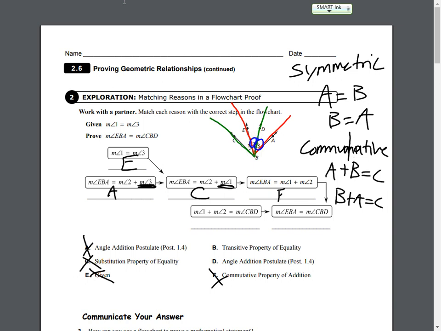And we said measure of angle 1 plus measure of angle 2, that again is the angle addition postulate. And then if we went from this step to this step, we said EBA equals 1 plus 2. 1 plus 2 equals CBD. That means this is our transitive.